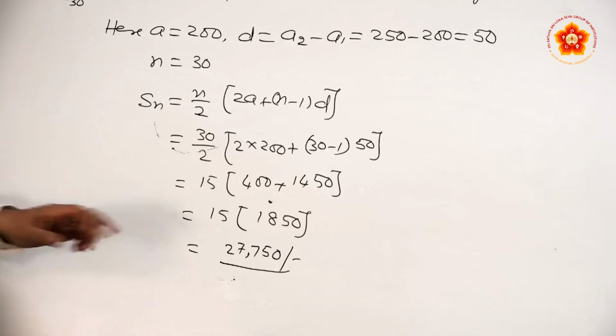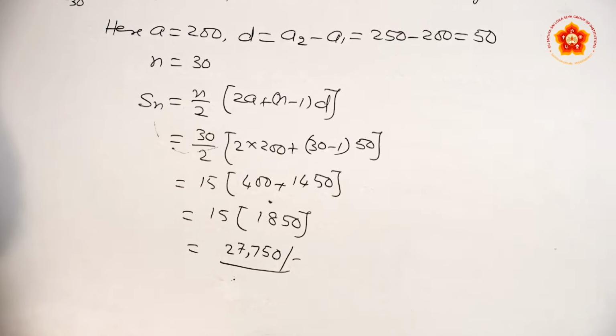This is the amount the contractor has to pay according to the contract because he has delayed the work for 30 long days.